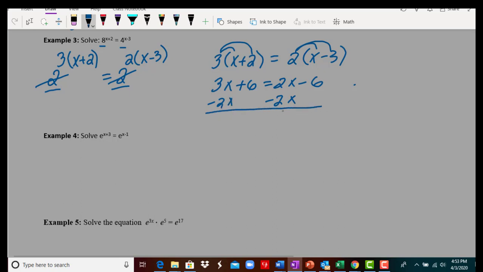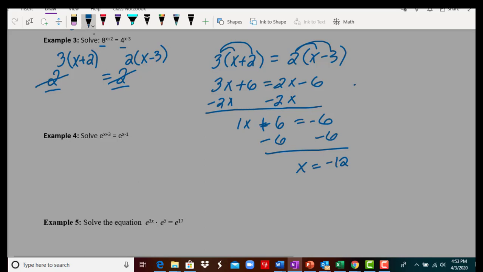I just like my x's on the left-hand side, and that leaves me with 1x plus 6 equals negative 6. Subtract the 6 from both sides, and then x equals negative 12. Okay, and now we've solved the problem.